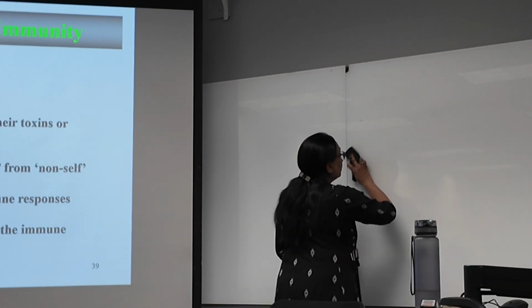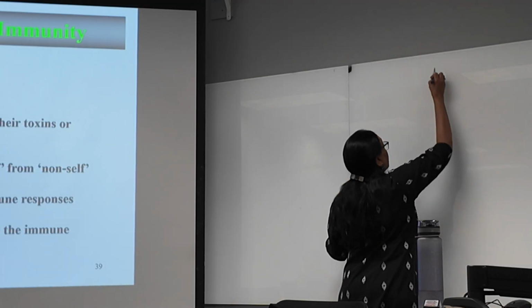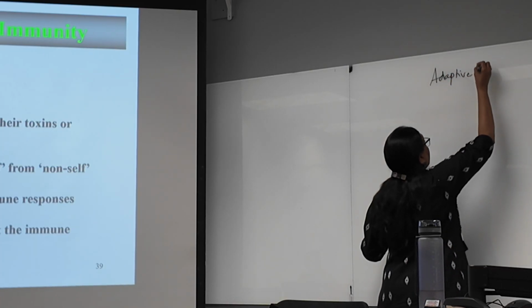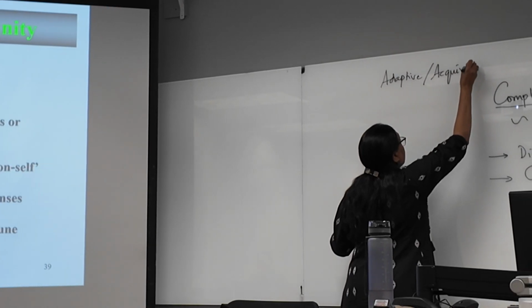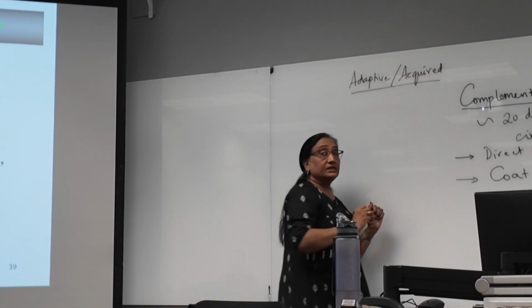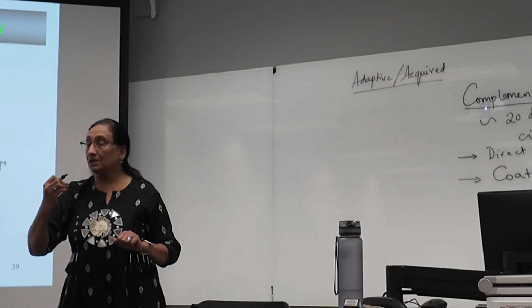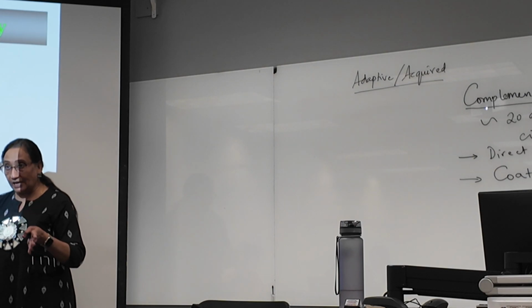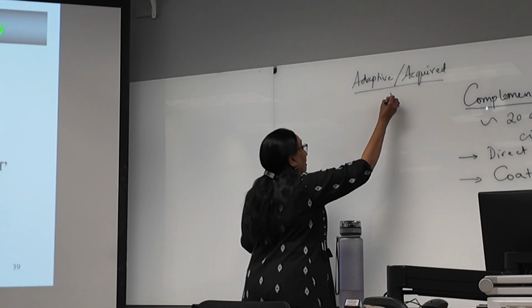This is adaptive or acquired. Remember, this is acquired after birth. You are not born with it. It is not genetically determined, but it is extremely specific. And it can actually distinguish between self-antigens and non-self-antigens.